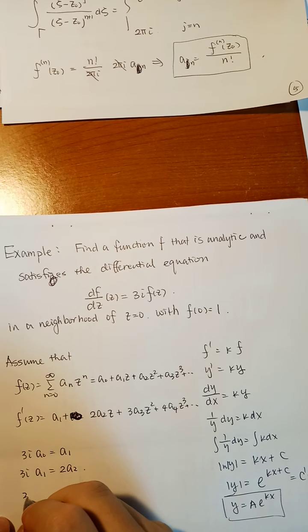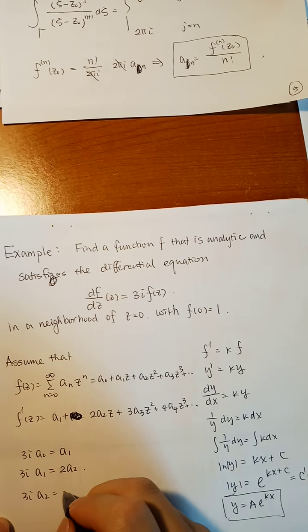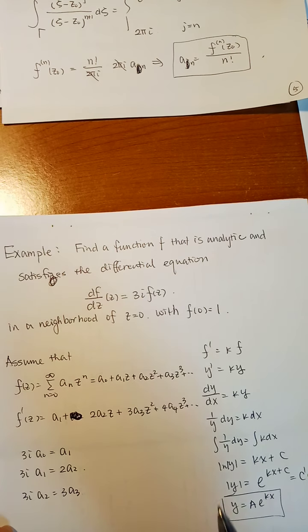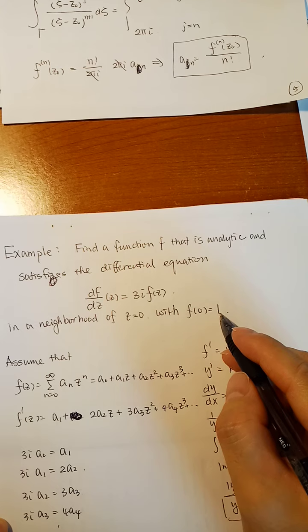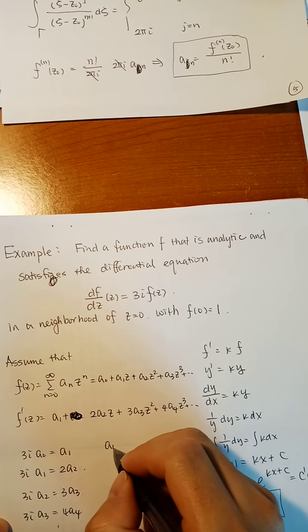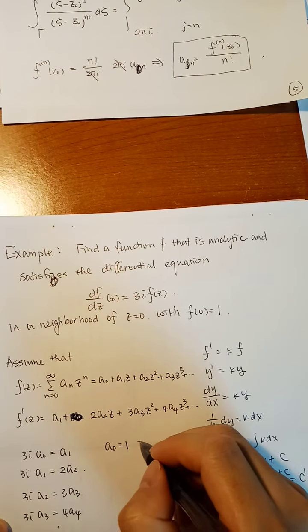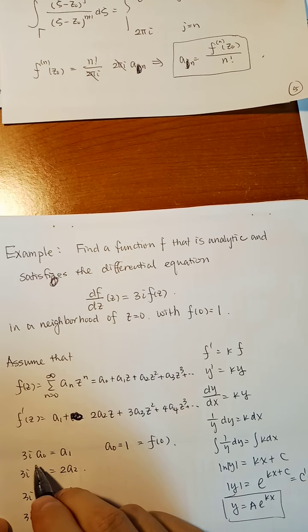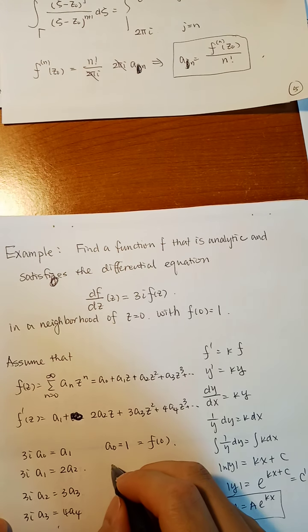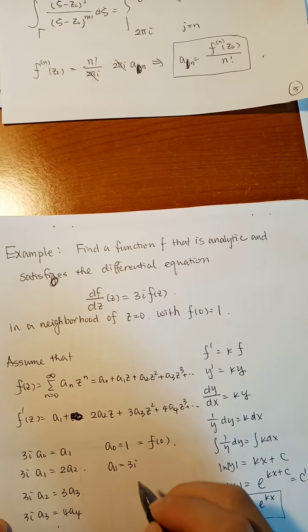And 3i a2 is 3a3. 3i a3 is 4a4, and so on. And you have a condition, f of 0 is 1, which means a0 is equal to 1. With a0 equal to 1, you get a1 is equal to 3i.